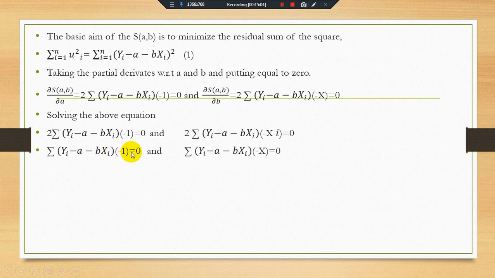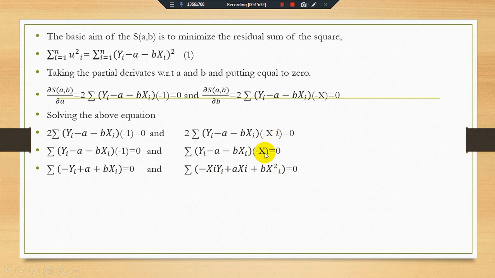Next we have to multiply the whole equation by -1, and here we have to multiply the whole equation by xi. Then we get minus minus y, which is plus y, and here we have minus a plus bxi equal to 0, and on that side we have multiplied by minus xi.